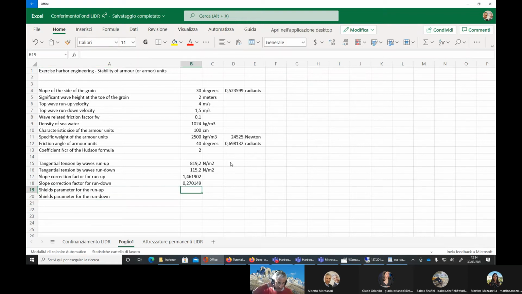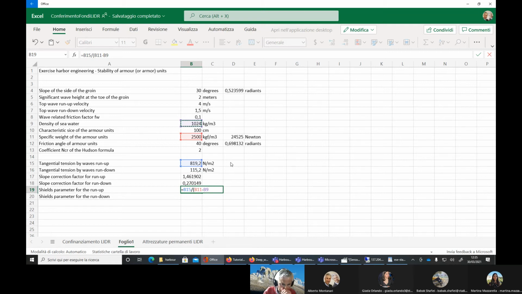Now the Shields parameter for the run up is given by the tangential tension, very good, divided by gamma s minus gamma. So here I have to put gamma s 2500 minus gamma 1024.